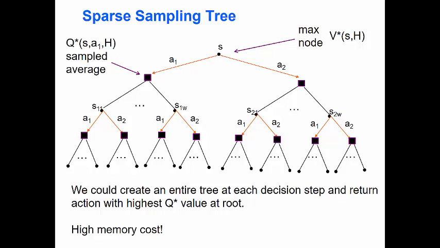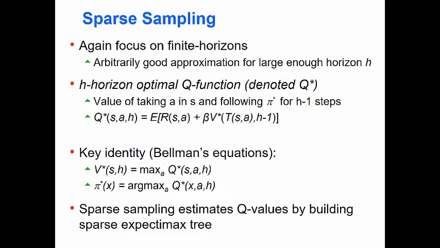Whereas with sparse sampling, it's more like you run it for an hour and the performance will be about the same until you get to an hour, and then it will go up a little bit. And then you run it for another hour. It's not a nice, smooth improvement. Trying to get something more anytime, that smoothly improves, is where we're going to end up with the UCT algorithm, which is one of the more famous Monte Carlo tree search algorithms. It's a more incremental algorithm. So we'll talk about that next time.